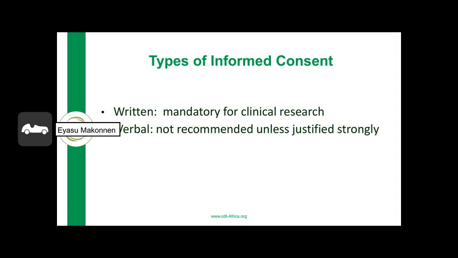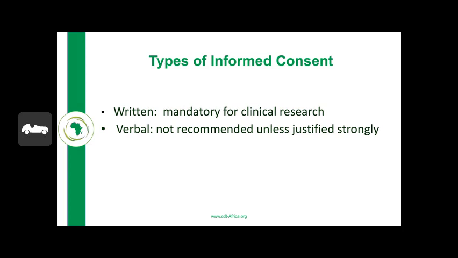Informed consent could be either written or verbal. By written informed consent, we mean it bears signatures of the principal investigator and the prospective participant. In some cases where the participant cannot read or write, signature of a witness might be needed.